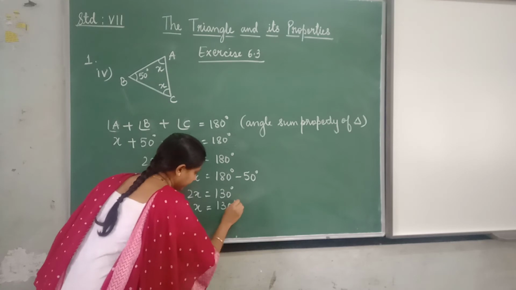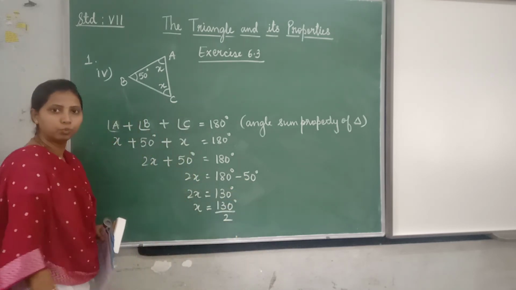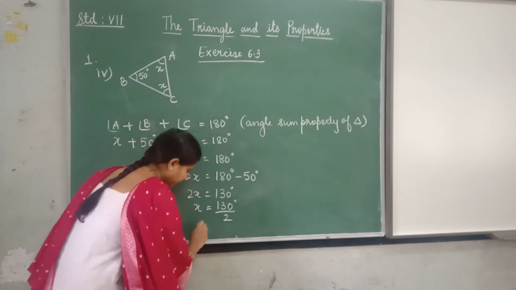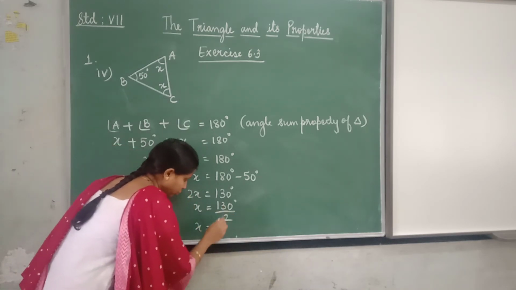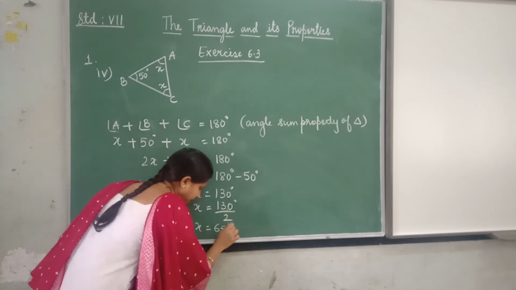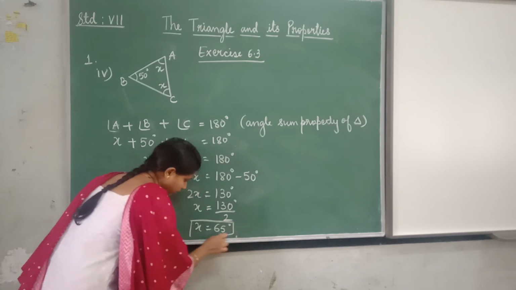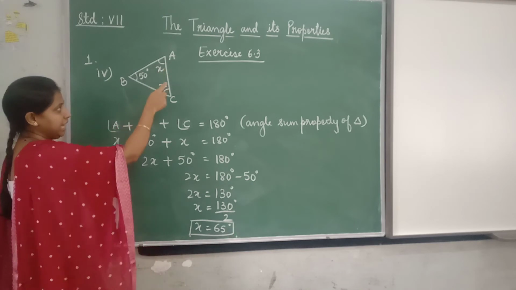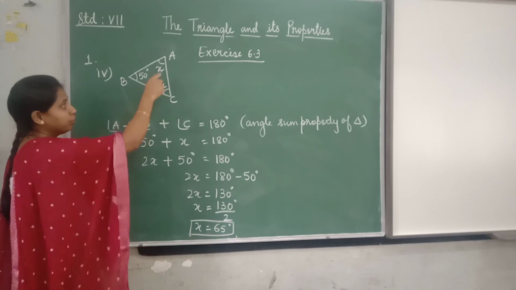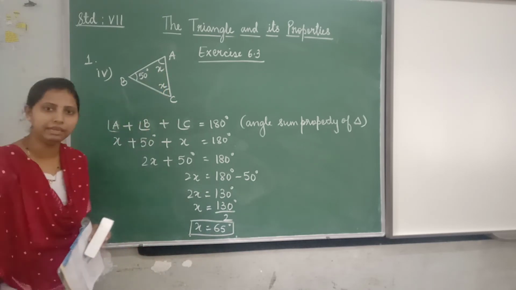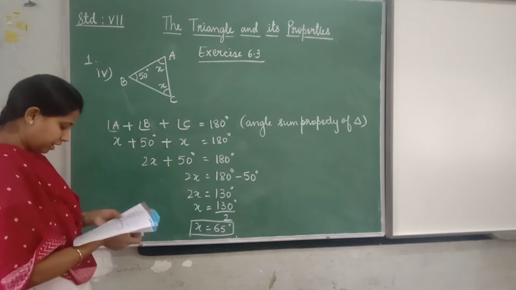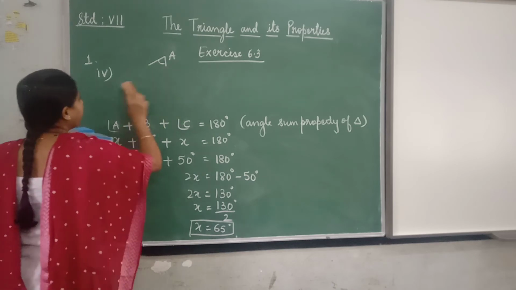So 130 degrees divided by 2. 2 sixes are 12, 2 fives are 10. x is equal to 65 degrees. That is the measurement of angle A and angle C. Both are equal to 65 degrees. Okay, children? Let's see one more example.